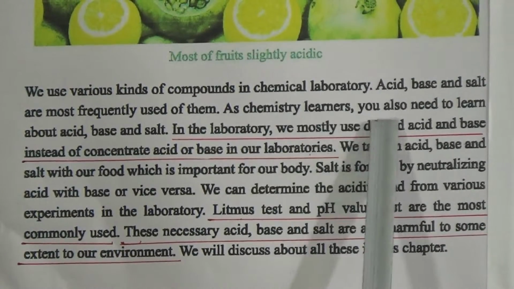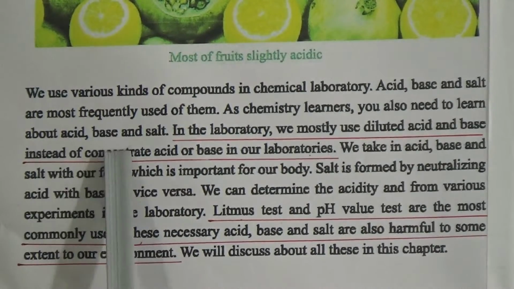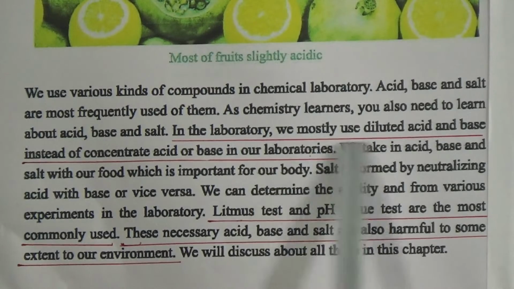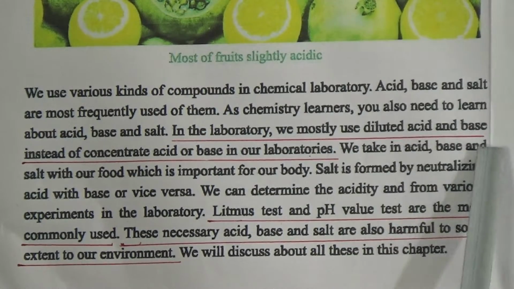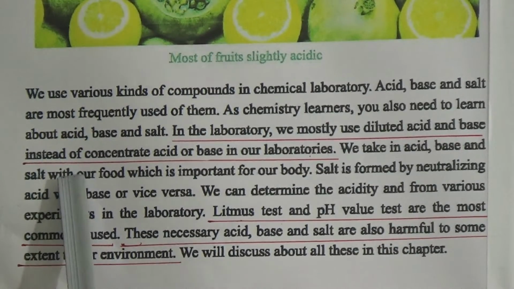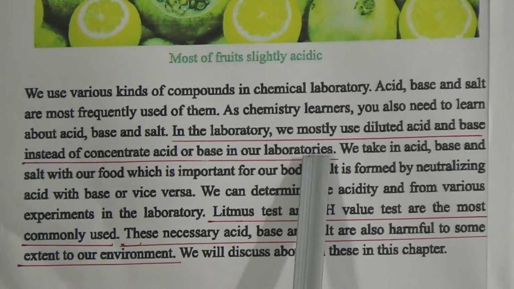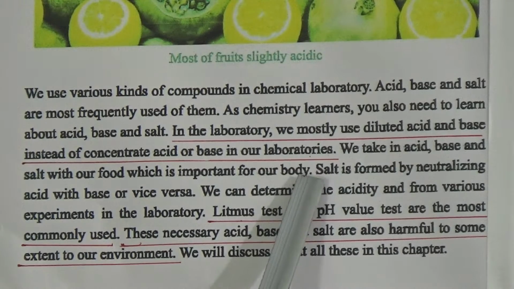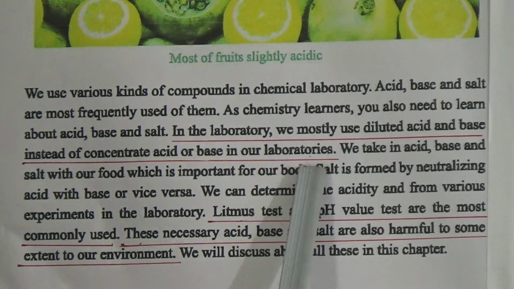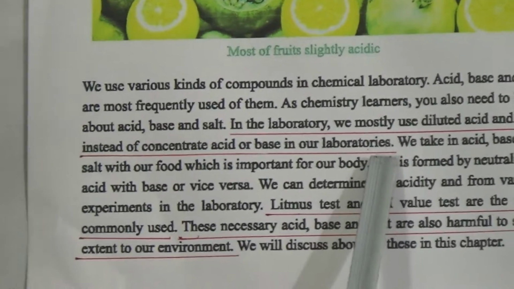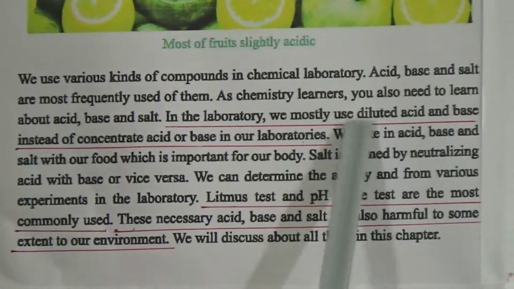As chemistry learners, you also need to learn about acid, base and salt. In the laboratory, we mostly use dilute acid and base instead of concentrated acid or base. Dilute means the solution has less acid or base and more amount of water in it. That's why they are saying dilute.